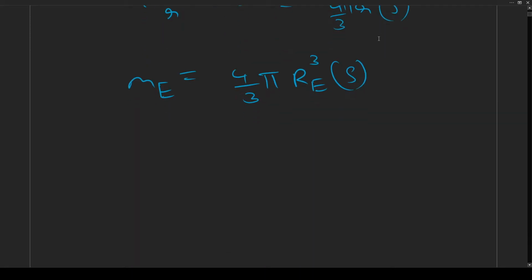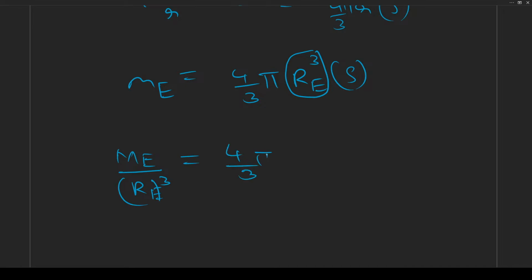If we send this Re cube to that side, Me by Re cube is equal to 4 by 3 pi rho.